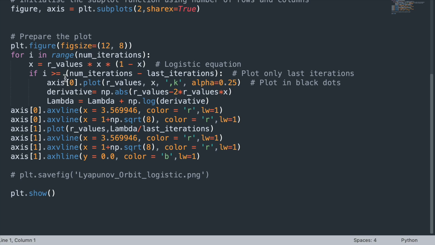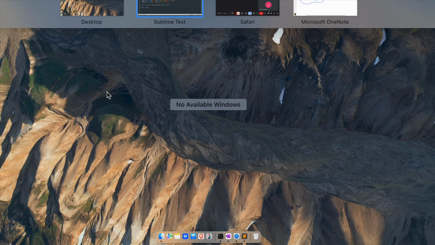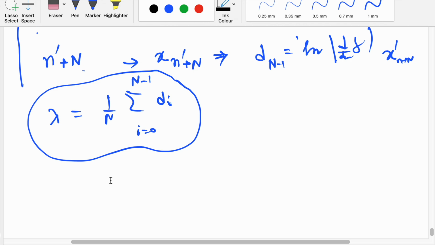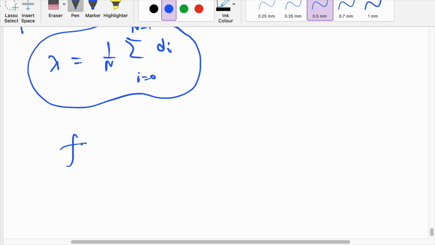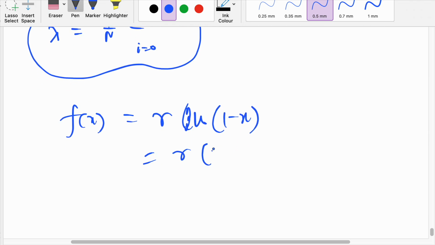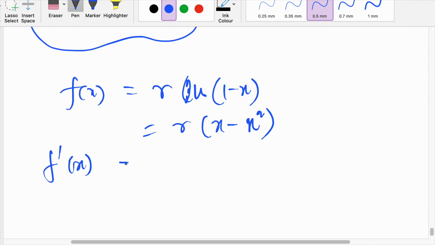So if i is greater than 5000, after 5000 iterations I will calculate the derivative. The derivative of that f of x we know. If f of x is r into x into 1 minus x, so r x minus r x square, then f prime x will be r into 1 minus 2x, that is r minus 2 into r into x.